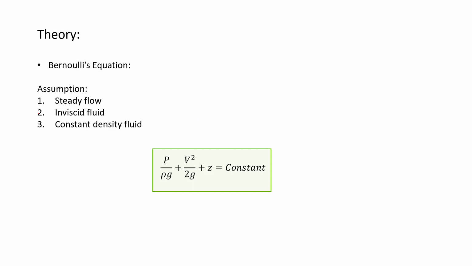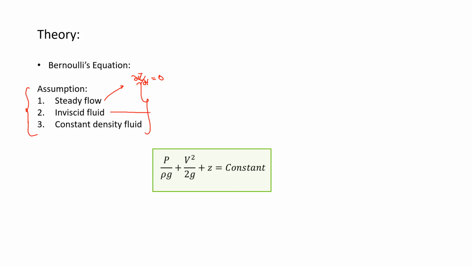One thing you should always remember when applying Bernoulli's equation is the assumptions. You need to keep these three assumptions in mind. When the flow is steady, this basically means partial u vector partial t is equal to 0, so there is no local acceleration.